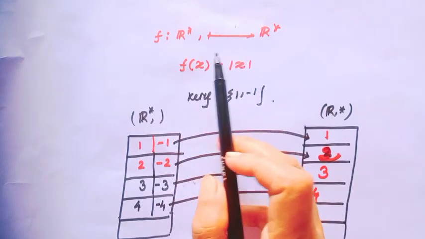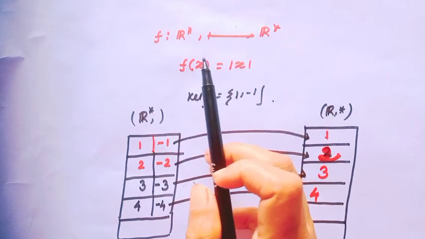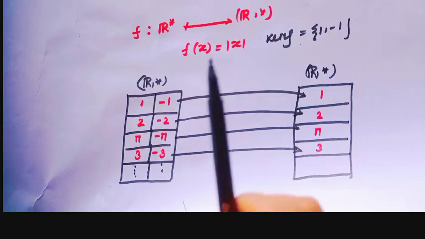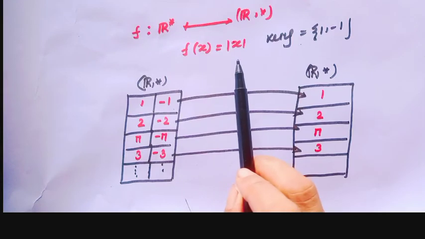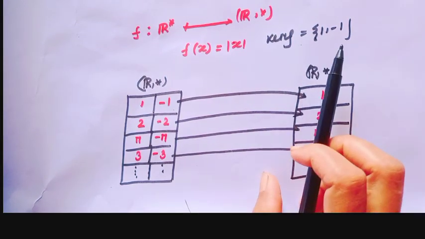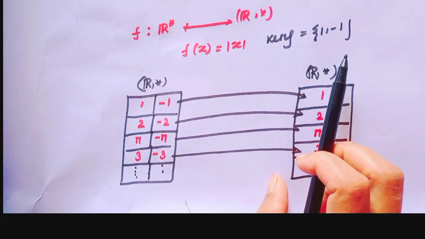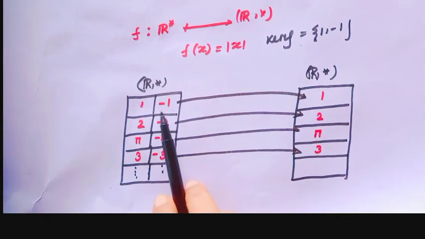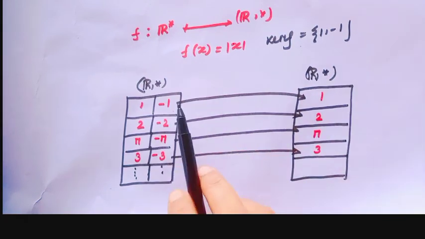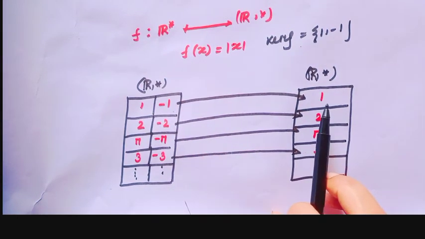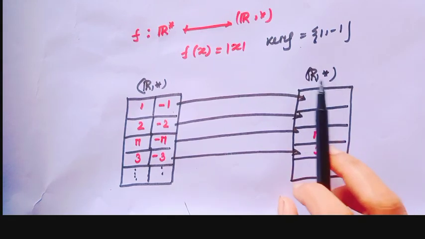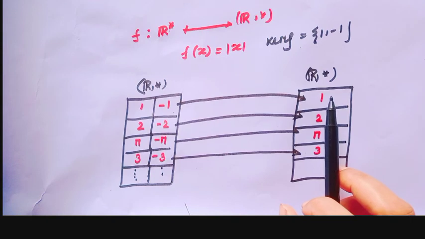Let f be a mapping from the non-zero real numbers under multiplication to the non-zero real numbers under multiplication. And the mapping is f of x equal to the absolute value of x. And all of us know the kernel of f equals {1, -1}. Here, since 1 and minus 1 are members of the kernel, 1 and minus 1 map to 1 in the codomain, because here the identity is only 1.